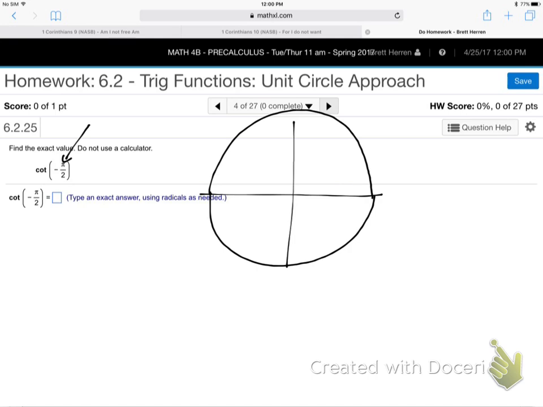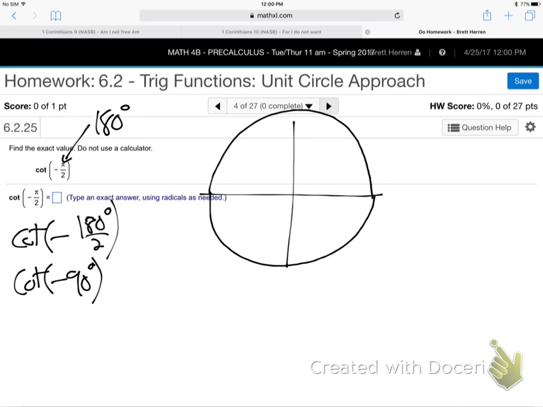What do we stick in for pi? 180. Yeah, so remember that pi radians is always 180 degrees. It's halfway, right? So this is cotan of minus 180 over 2, which is cotan of minus 90. We good?